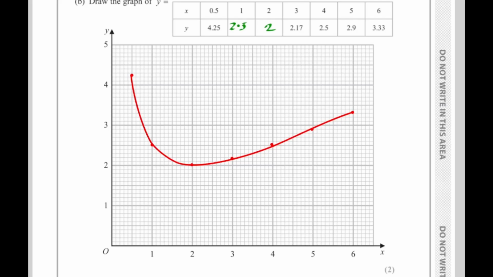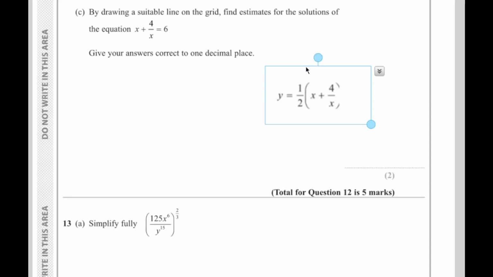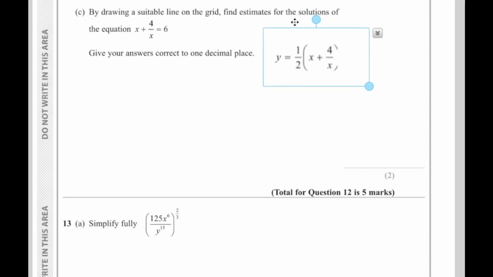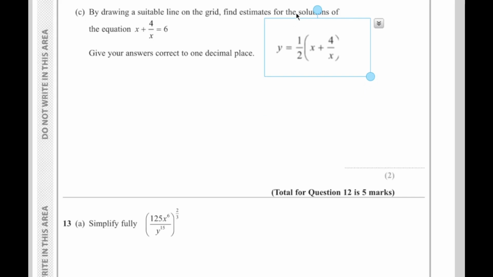Okay, let's do part C then. Part C, by drawing a suitable line on the grid, find estimates for the solutions of the equation x plus 4 over x equals 6.